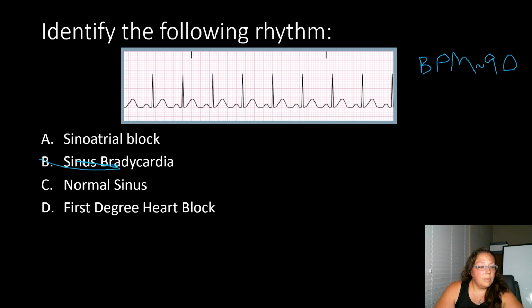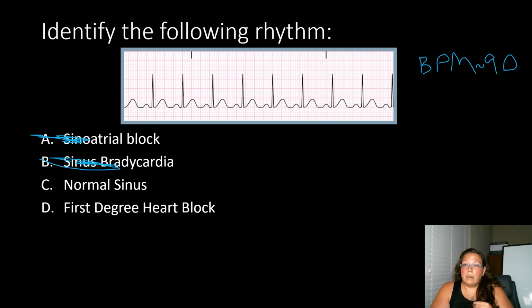So we don't have sinus bradycardia, right? Sinoatrial block is when there's a block occurring in the SA node up here. So that's often like multifocal atrial. The other parts of the atria are firing. So we're going to get rid of that block. So we've got normal sinus or first degree heart block. How do we tell the difference between these two?